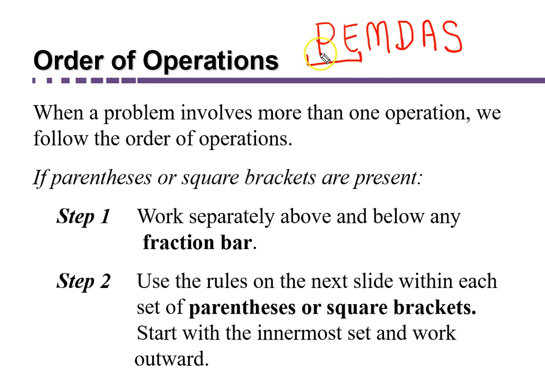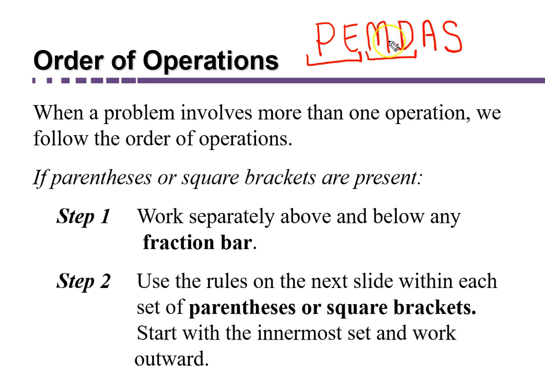Then we move on. Once we get rid of grouping symbols and exponents, we do multiplication and division as it occurs from left to right. Now, if division is first, going left to right, we do division first, and then multiplication.